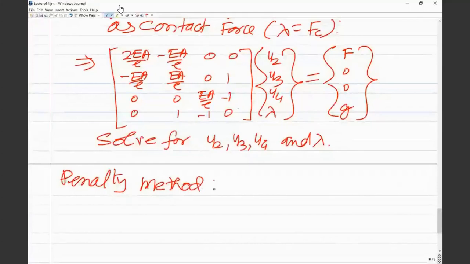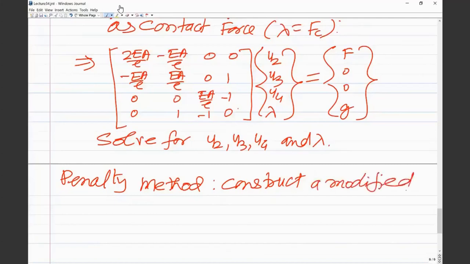So in the penalty method, what we do is similar to Lagrange multiplier approach, we construct a modified total potential energy functional, but using the penalty term. So the constraint is incorporated through a penalty term. So construct a modified total potential energy functional.